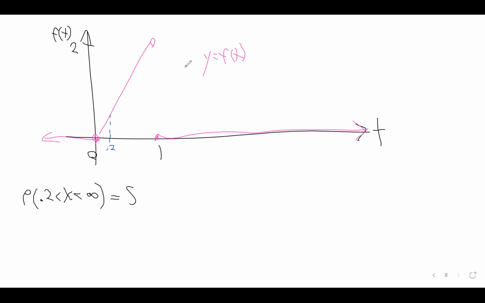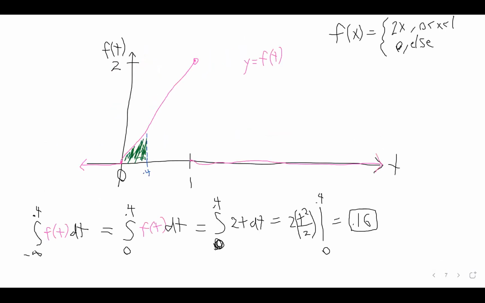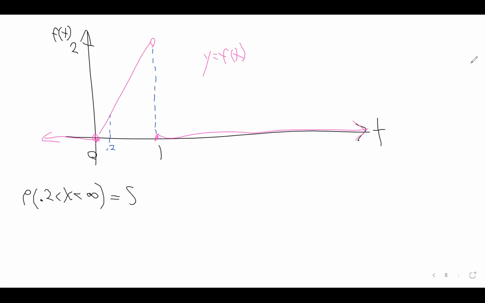And so you want the area under f from 0.2 to infinity. Well, there's 0 area here. And so the positive area is from 0.2 to 1, right? This is green, okay? So you want this area here. So the amount of space this green region takes up is the area under f from 0.2 to infinity. So this is equal to the definite integral from 0.2 to 1 of f of t dt.